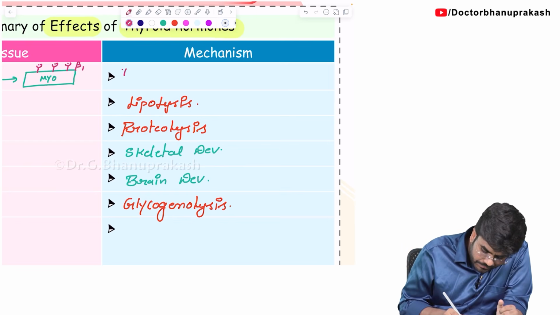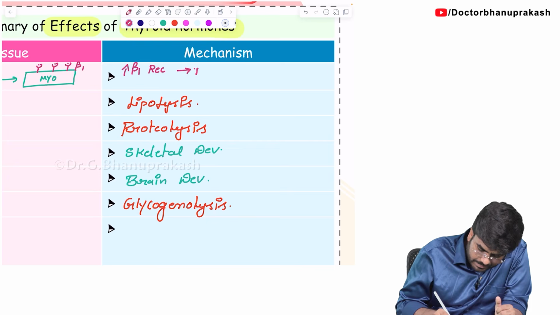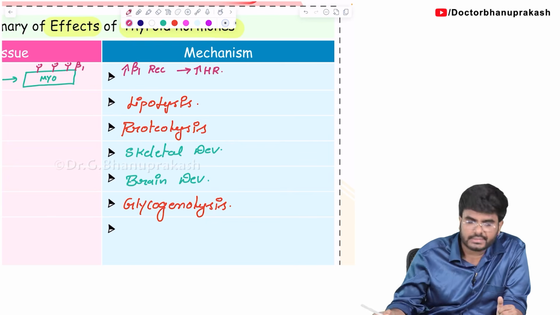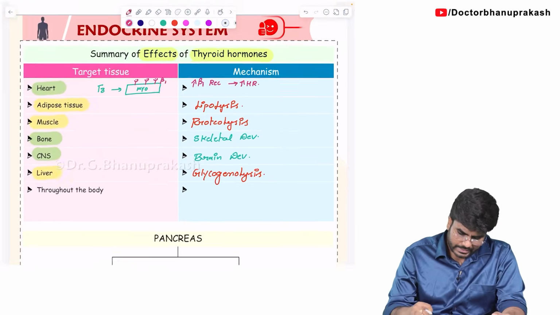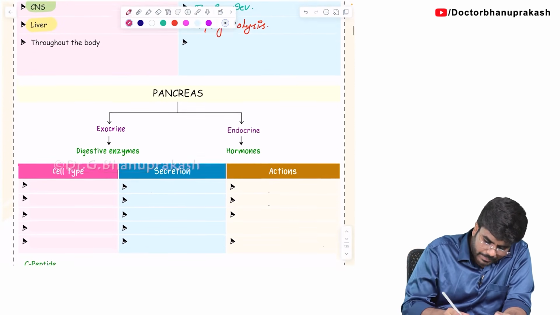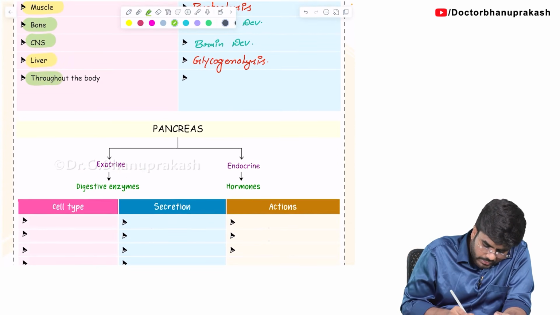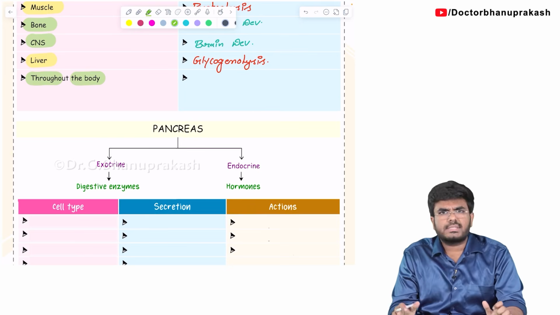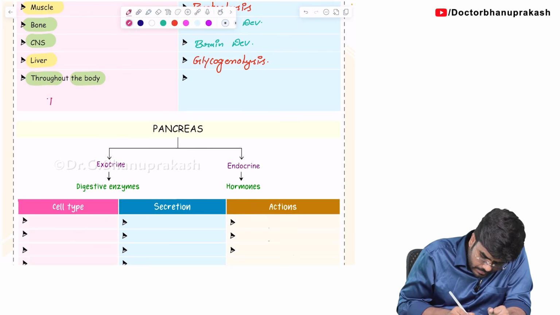So thyroid hormones increase beta 1 receptors, and by increasing the beta 1 receptors, they increase the heart rate. Done. Next. Look, what are these thyroid hormones doing throughout the body, in the general body cells? Look carefully, guys.